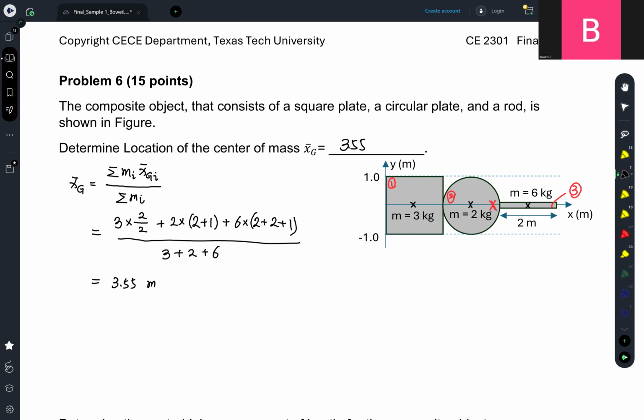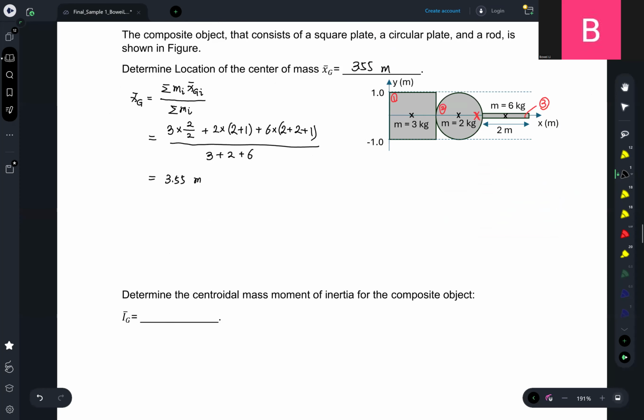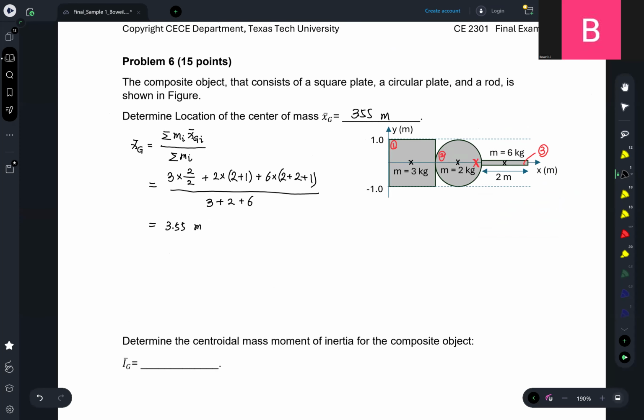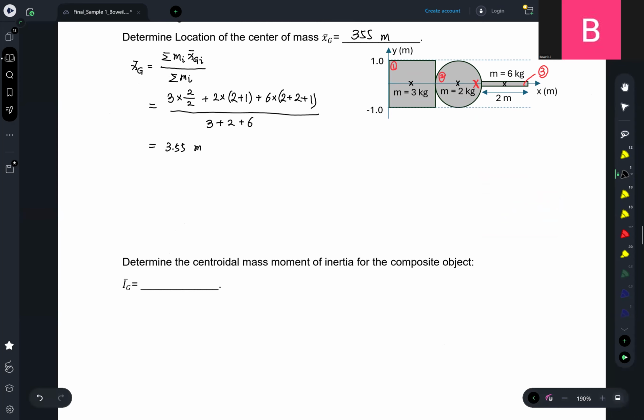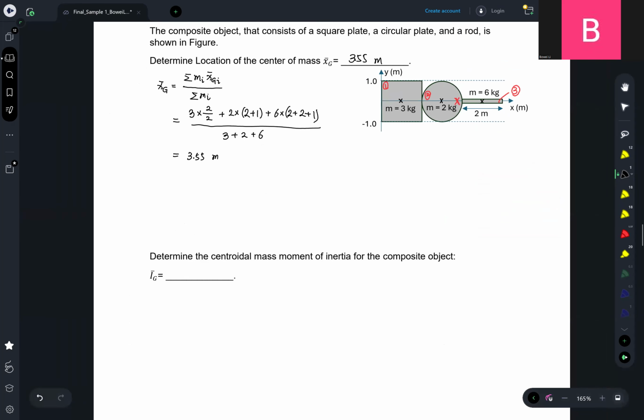We can proceed to the second part. So the second part requires us to determine the central mass moment of inertia of the composite object. And how are we going to evaluate that? Well, it will be very similar to the previous question, right?